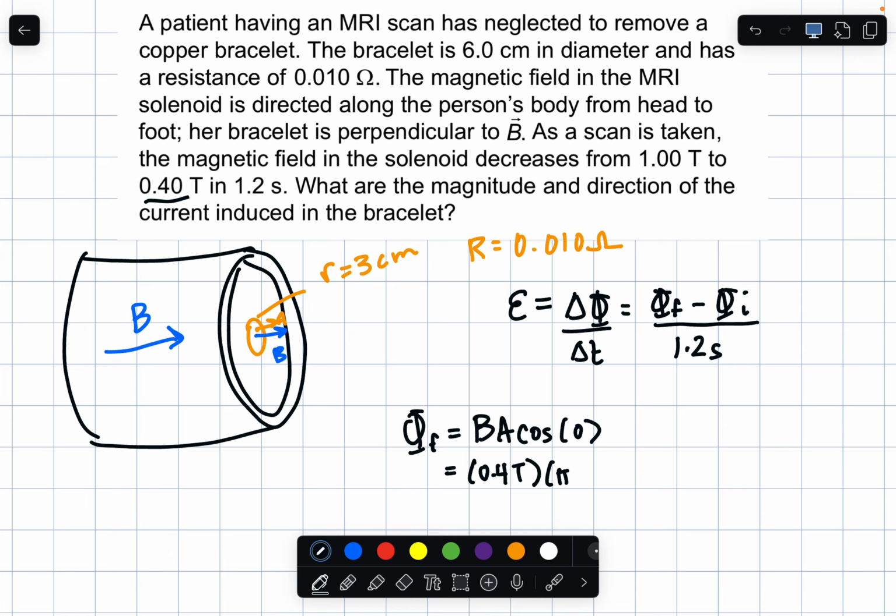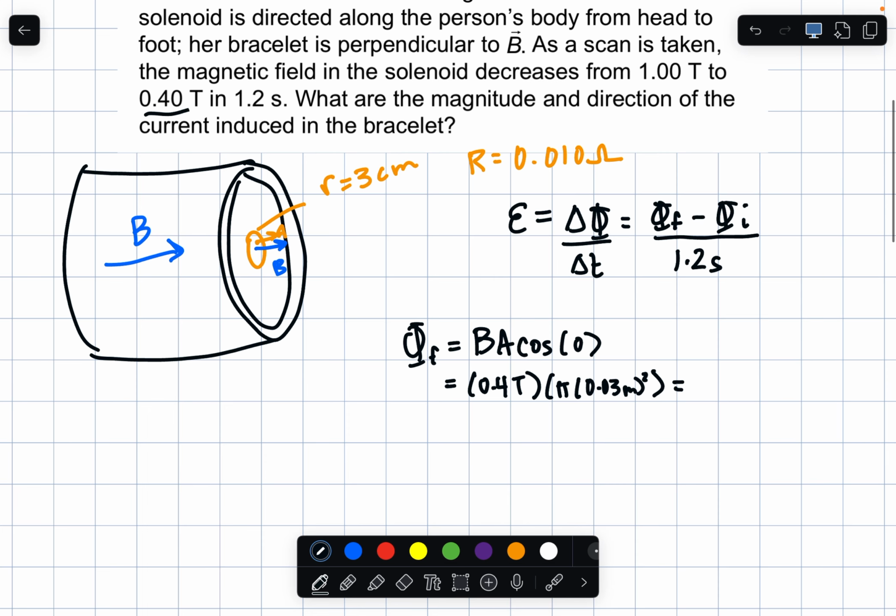The area is pi times 0.03 squared, and cosine of 0 is 1. So let's get a value for that. It's 1.13 times 10 to the minus 3 Webers. Flux is a Tesla times a meter squared, which is a Weber.